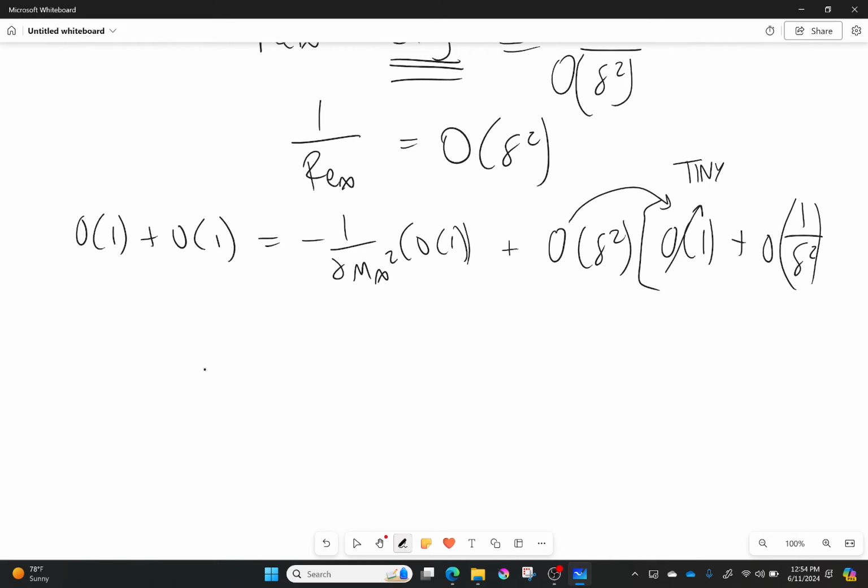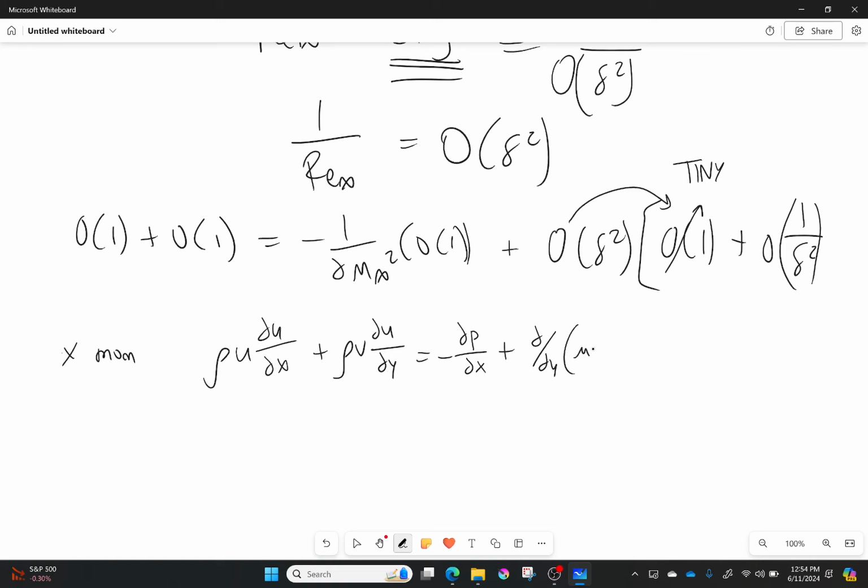And so then going back to our regular, not non-dimensionalized Navier Stokes equation, we get for x momentum the following.